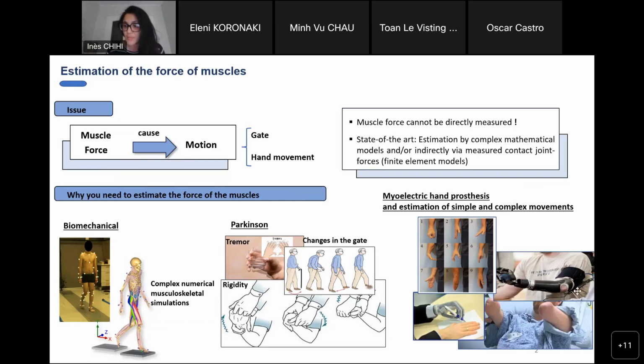To propose a hand prosthesis for amputees, we need to estimate the force of the muscle well, and we know we have different kinds of movement. We have very, very fine movement like writing, drawing, painting, and we have simpler movement like opening and closing the hand.